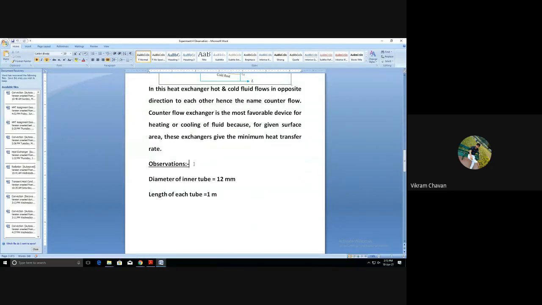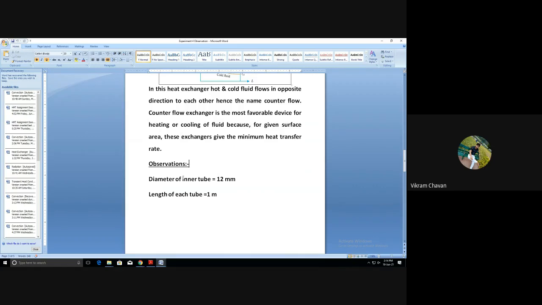So that will provide you the surface area. Okay, so pi d l will be the surface area, and the calculations are on the basis of the inner surface area. The inner tube diameter is provided, so we have to consider all the calculations on the basis of the inner surface area.